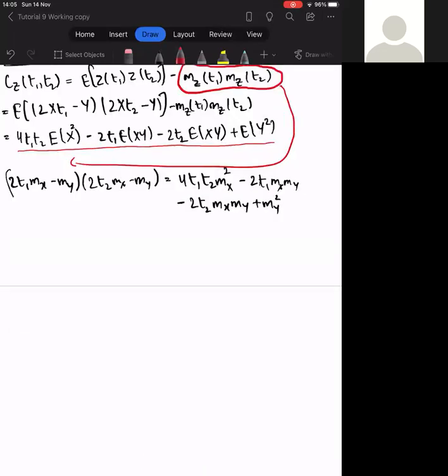So we had 4 t1 t2 E of X squared minus 2 t1 E of XY minus 2 t2 E of XY. Actually, we can simplify because E of XY is common, so this is minus 2 t1 plus t2 E of XY plus E of Y squared.